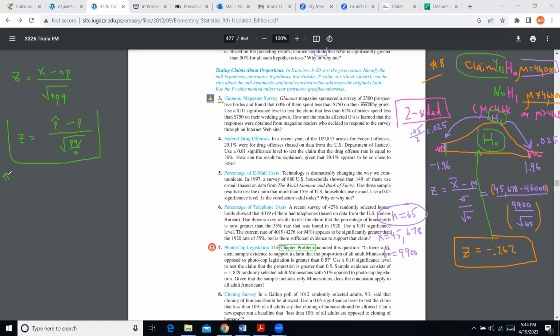So it looks like that's a sample size, right? And 60% of them spent less than $750 for the wedding dress, the wedding gown.